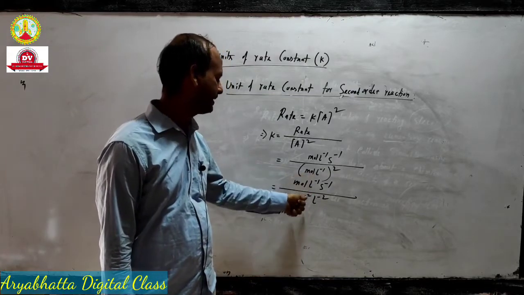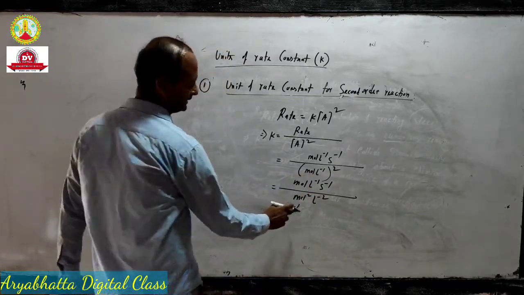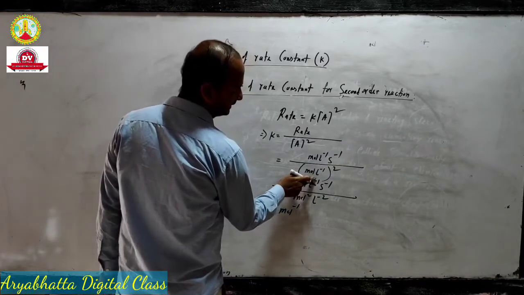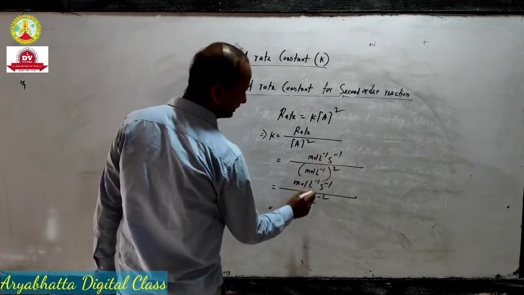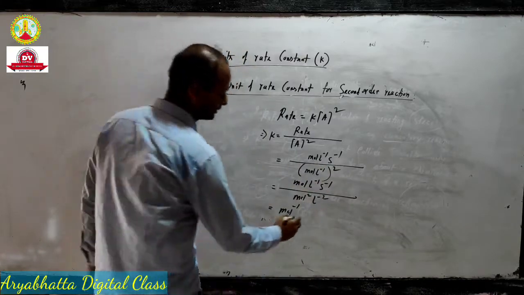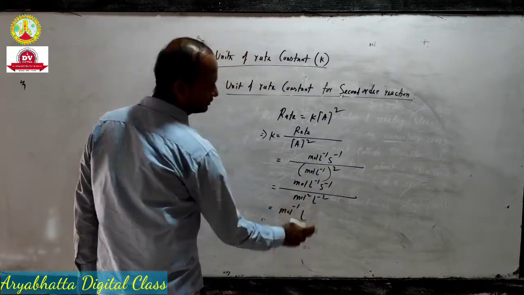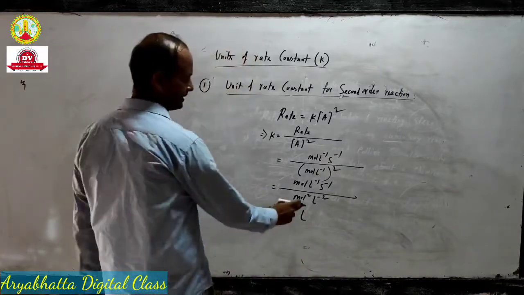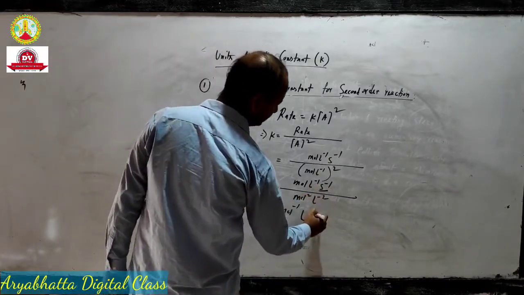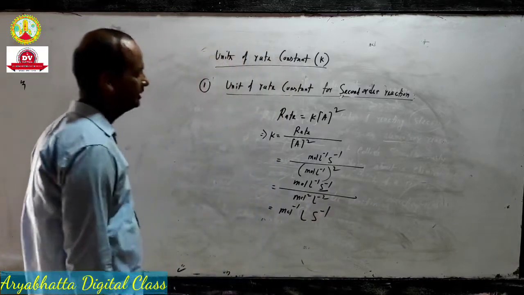Next, this is l to the power minus 1 and this is minus 2. When it goes upward, it becomes minus 1 plus 2, which is only l, plus 1. And the remaining is s to the power minus 1.